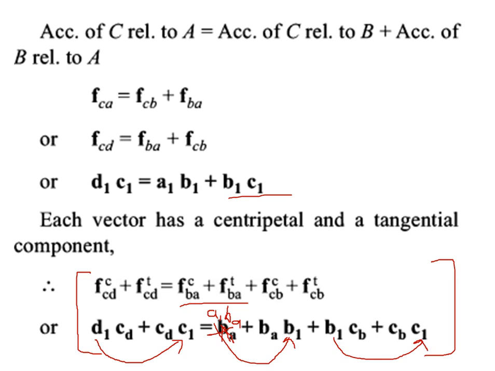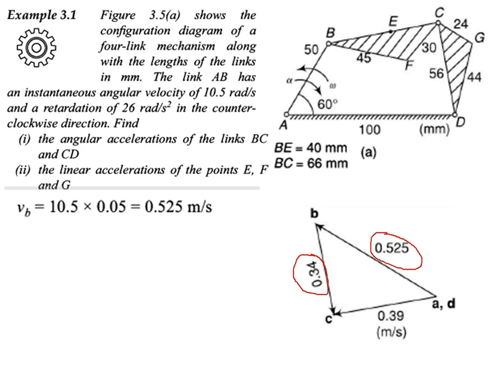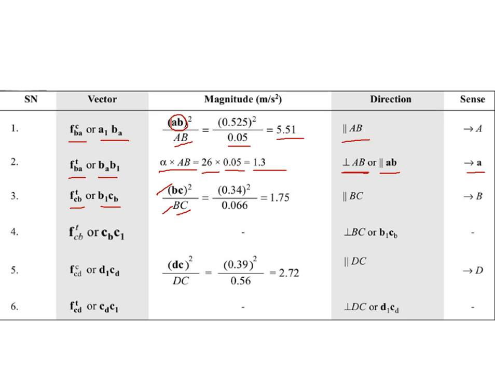BC is given as 66 mm, so I convert it to meters and get 0.066. So I get the value of 1.75. It should be parallel to BC, starting again from capital B. This is actually the centripetal part. There is some mistake, you can correct this.